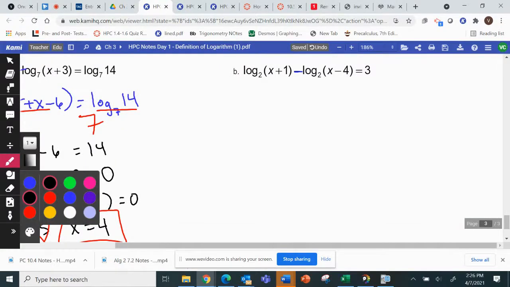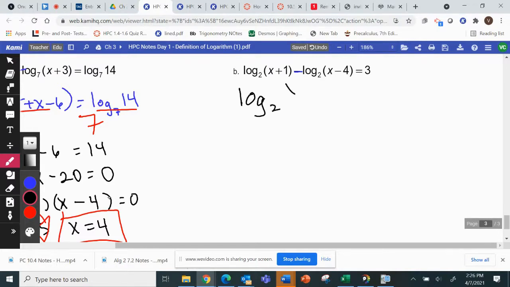So then this last one, we've got log base 2s, and it's subtracting. So we are going to condense that with division. And Philip, I need to get rid of log base 2 so I get the x by itself. What can I do to both sides?